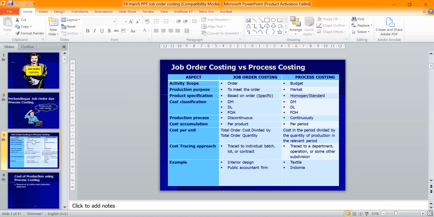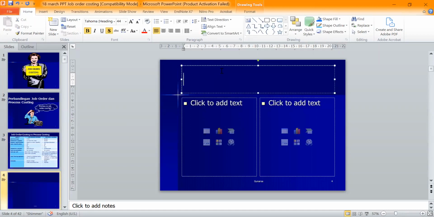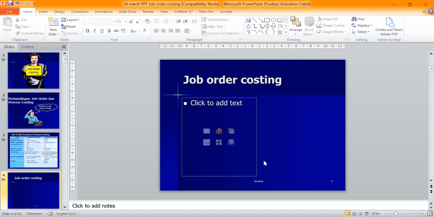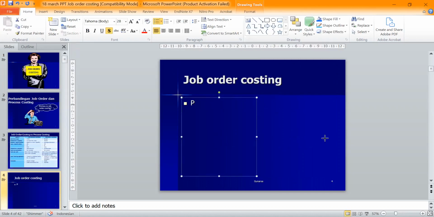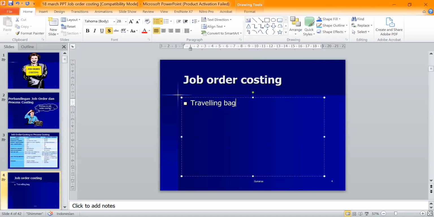So let's say this manufacturing company that uses job order costing produces 3 types of bags. The first one is the traveling bag, then the school bag, and the last one is the party bag.